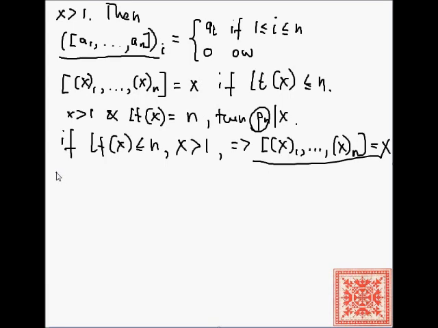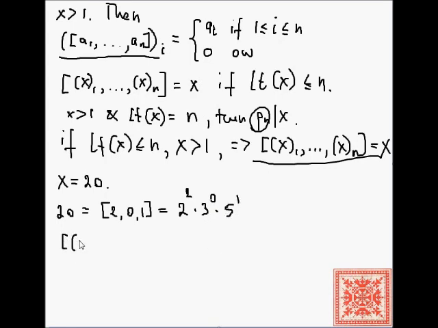Just another concrete example. Continuing with our previous example, if x is equal to 20, then 20 is 2 to the second times 3 to the 0 times 5 to the first.